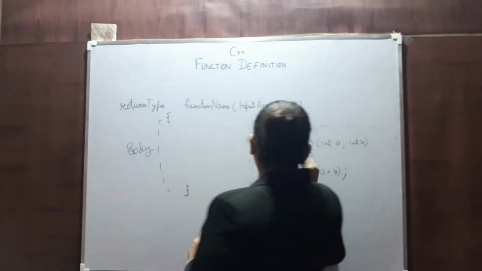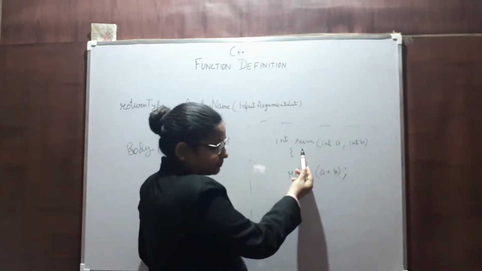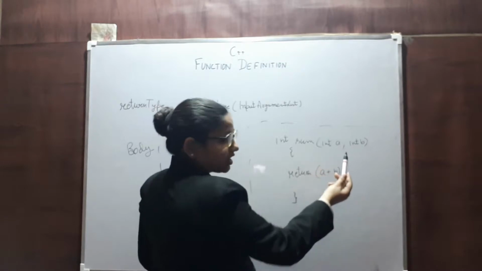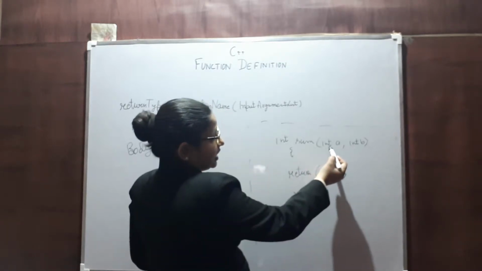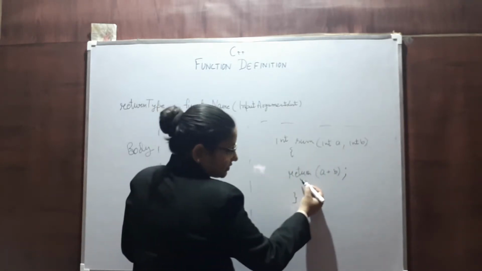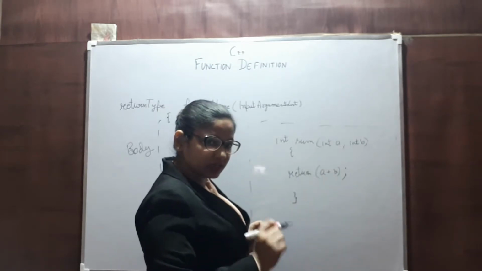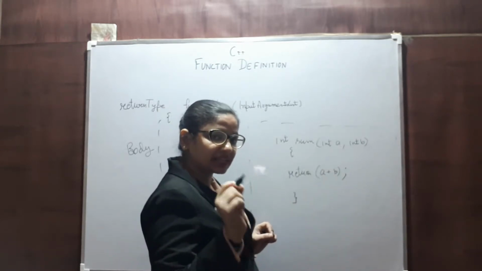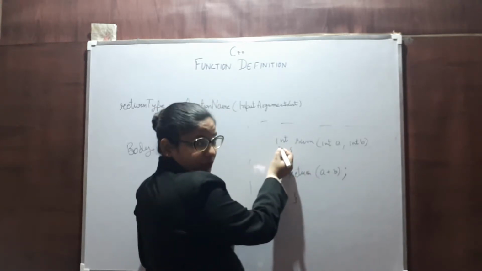So what this function is doing, the function name is sum, input arguments a and b, and they both are of type integer. Return a plus b. A and b both are integer, so a plus b is also an integer expression, so it's returning an integer value.